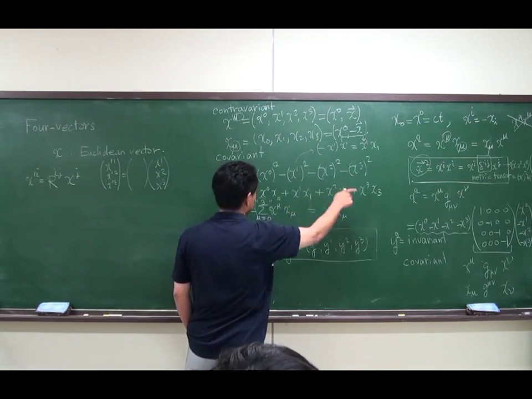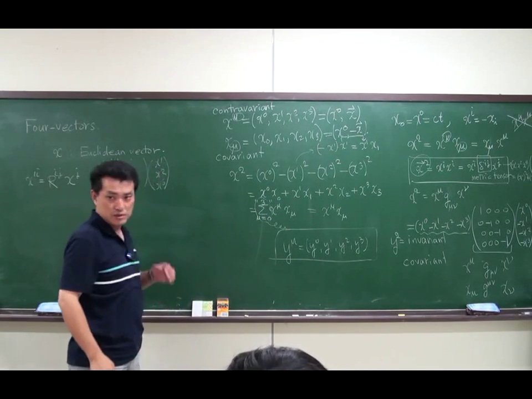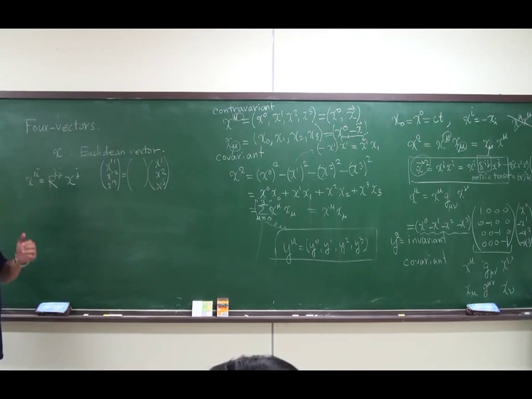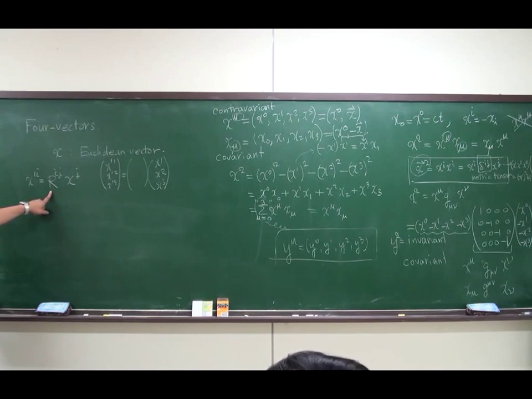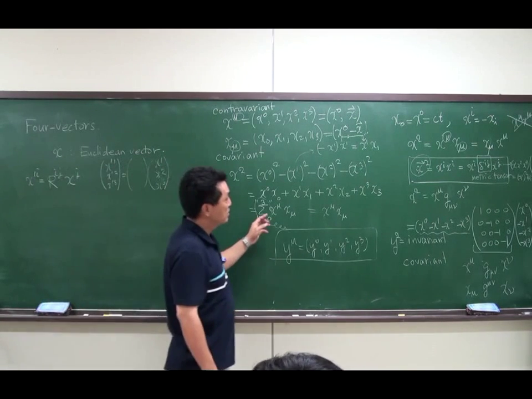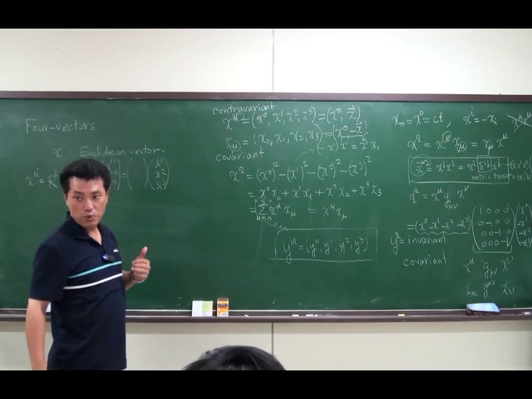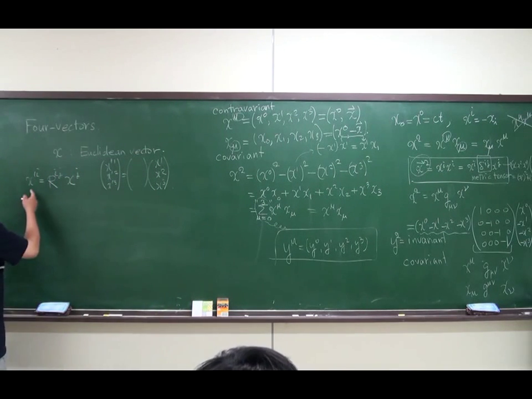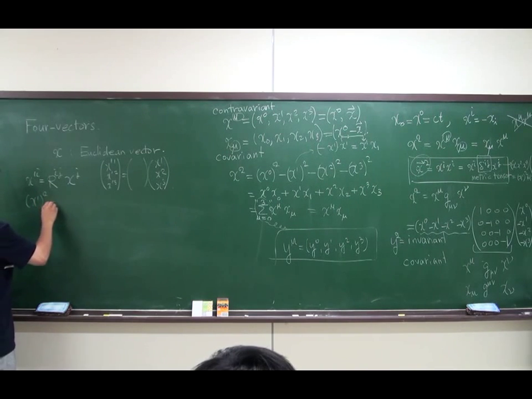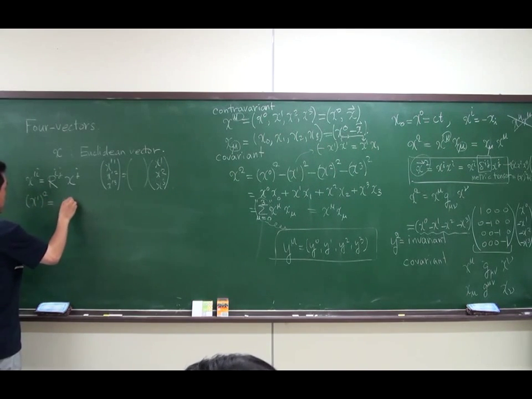In the Minkowski space, the 4-vector squared is conserved. In the Euclidean space, under rotation, the length of a vector is conserved. So, to make it simple, we just make use of length squared, and that means x prime squared is equal to x squared.